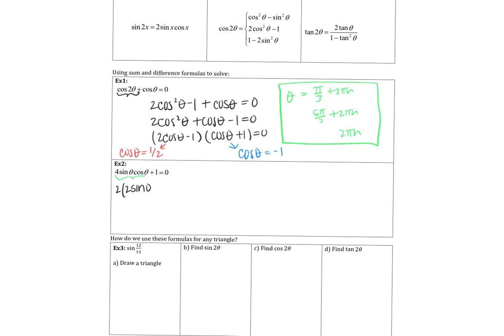And then I have 2 times 2 sine theta cos theta plus 1 equals 0. And 2 sine theta cos theta is equal to sine 2 theta. So I've got 2 times sine 2 theta, sorry, we're using theta, plus 1 equals 0.